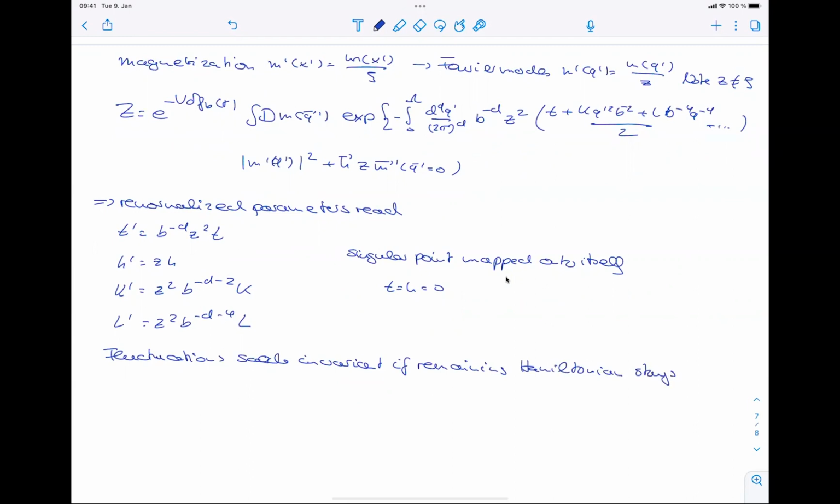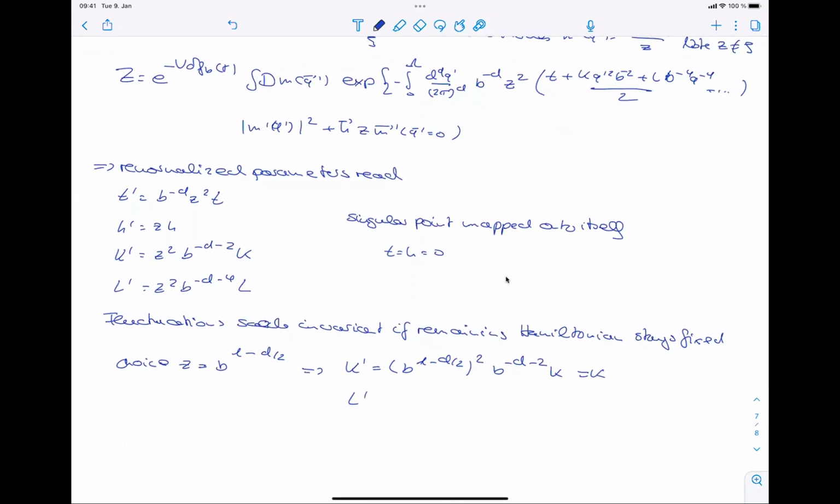And so a choice to do that, if we look at the K, is to state that I choose z as b to the power of 1 minus d half. Because what does it mean? It means that my K prime, with this choice, 1 minus d half to the power of 2 times b to the minus d minus 2 k, maps onto itself, right?